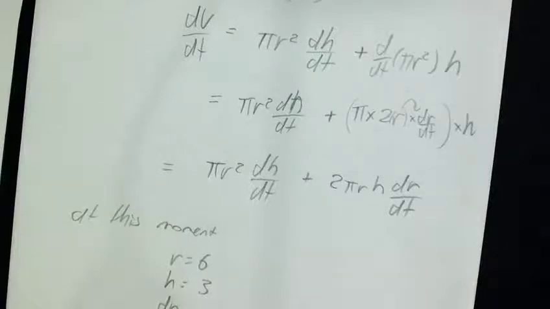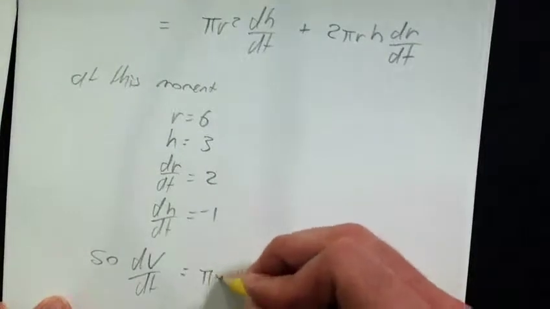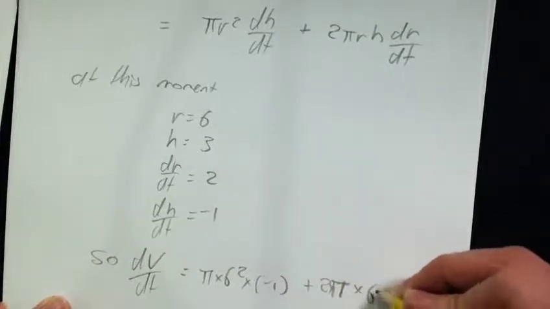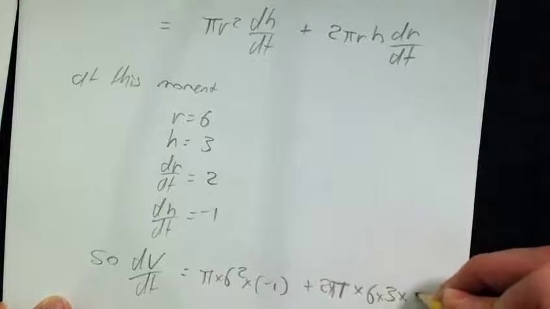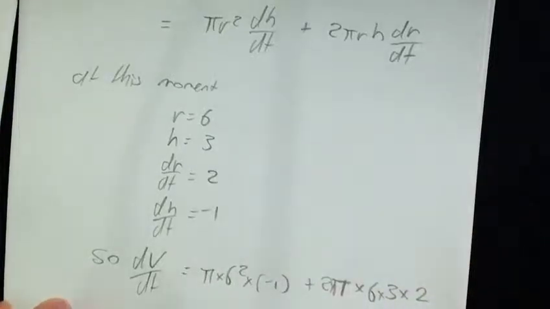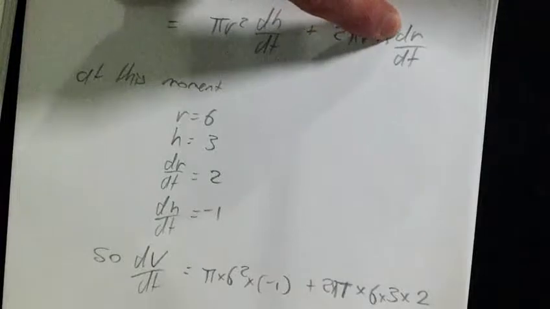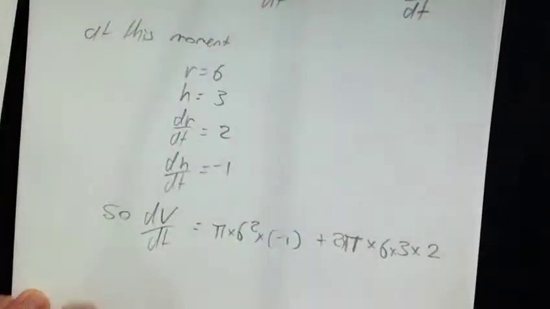So dV on dt will be pi times 6 squared times -1 plus 2 times 2 pi times 6 times 3 times 2. Just putting everything in from what I've done there. That's 6, that's -1, that's 6, that's 3, and that's 2. And that'll be whatever it is.